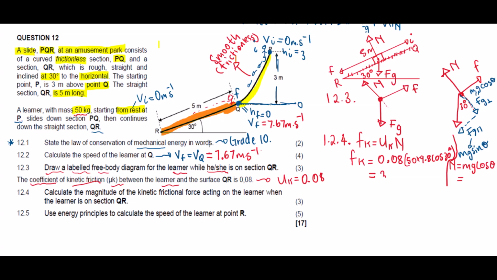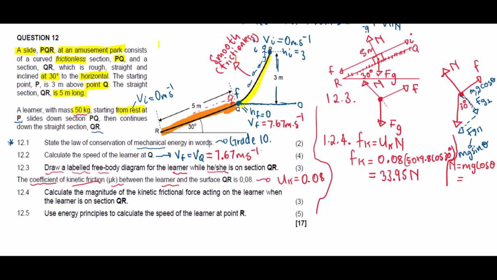You will get 33,95 newtons. That is the correct value for the friction, because the friction, remember, is just the mu k and the normal force of the object. Obviously it's for objects that are on the surface, right?